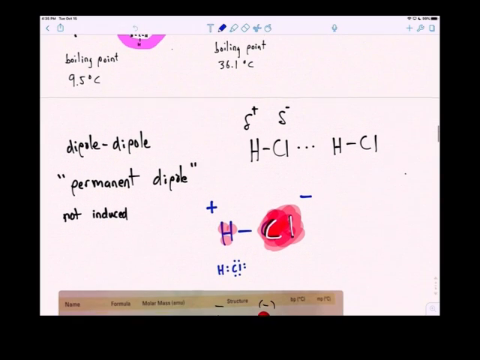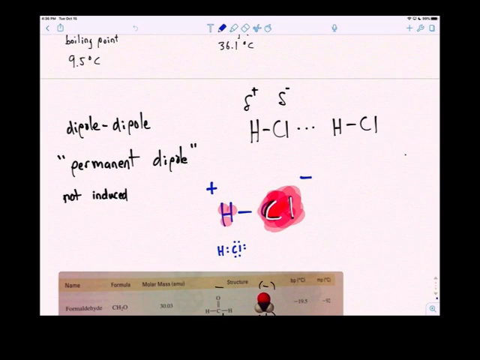Okay, so we've talked about induced dipoles. Now let's talk about permanent dipoles. Dipole-dipole forces come from permanent dipoles. These are not induced; they're always there. Like hydrogen chloride: because of the bonding, the electrons get drawn towards chlorine because chlorine is more electronegative. So there's always a partial negative on chlorine and a partial positive on hydrogen.